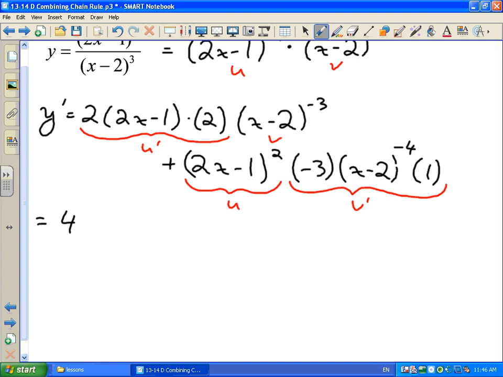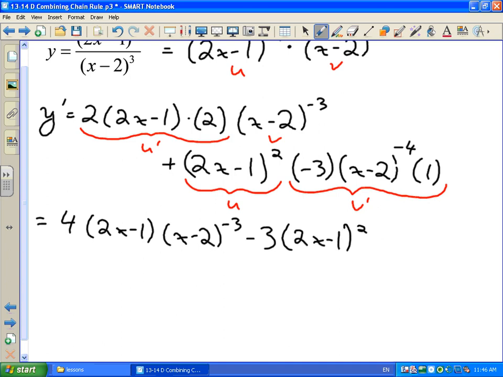So we're going to have 4 times (2x − 1) times (x − 2) to the negative 3, plus, but it's not going to be plus because we've got negative 3 times 1 there. So our coefficient is going to be negative 3 times (2x − 1) squared times (x − 2) to the negative 4.